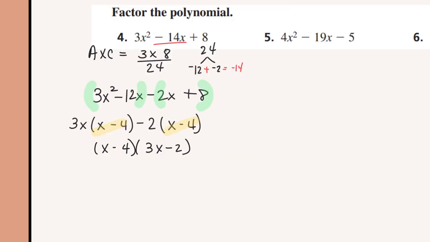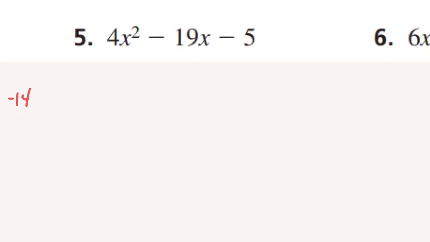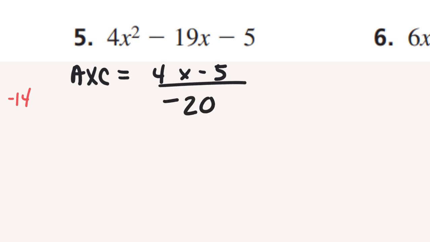Number 5, I have C is negative, so that means I'm going to have two opposite signs, right? A positive and a negative. There's no GCF here, so I'm going to multiply A times C, which gives me 4 times negative 5, negative 20.